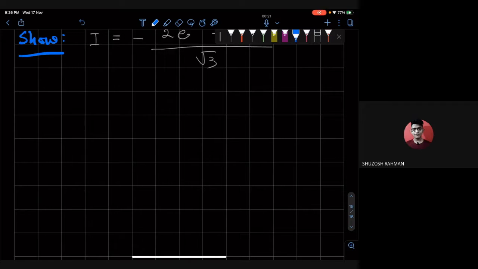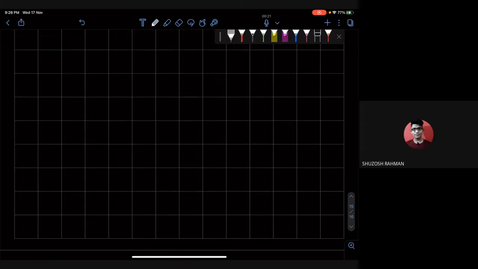So one often comes across a very interesting case where you have to do an integral of a function which has a singularity on the real axis.